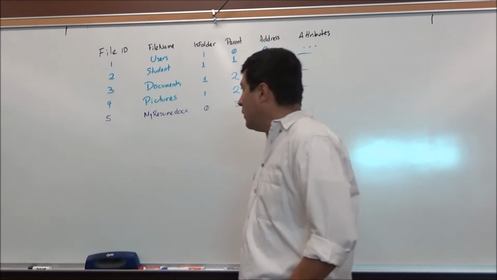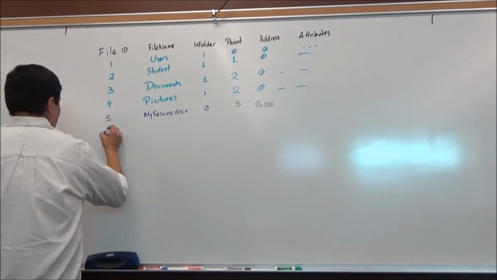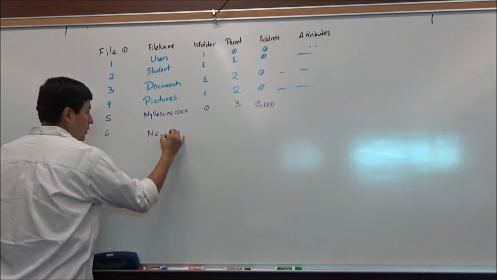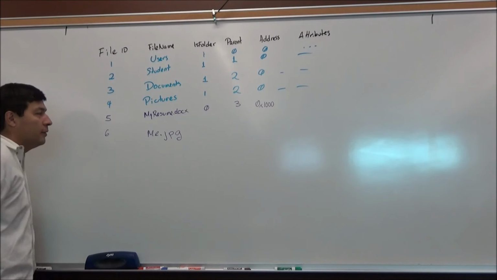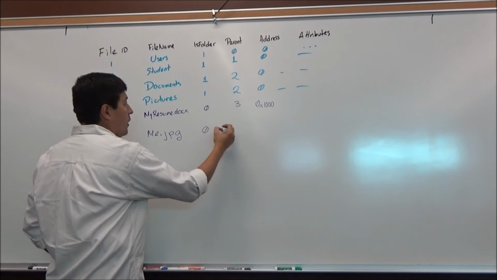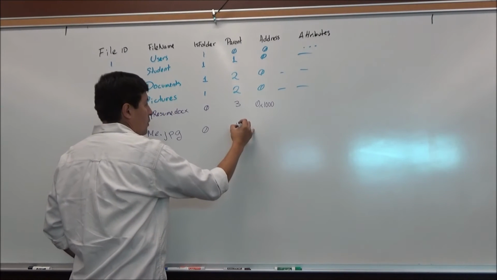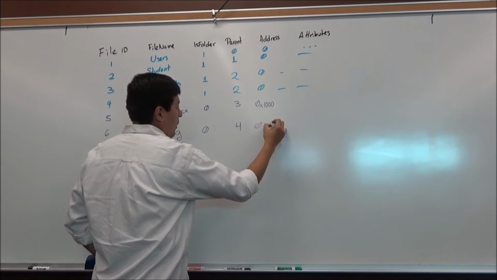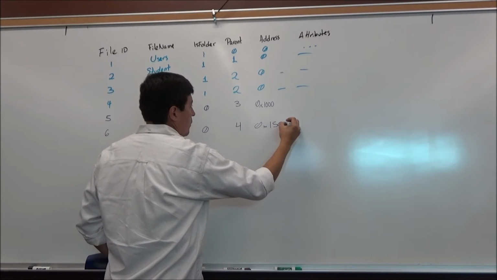And then you add another picture. Another file. And this is me.jpg. And then it's not a folder, it's under my pictures. And it's an address, I don't know, maybe 1500.